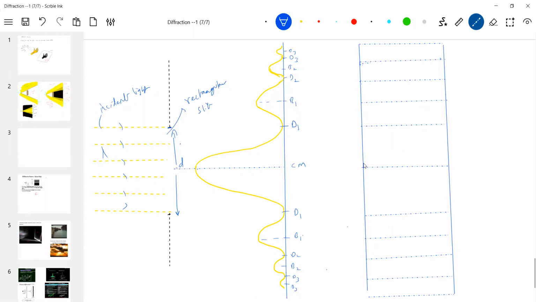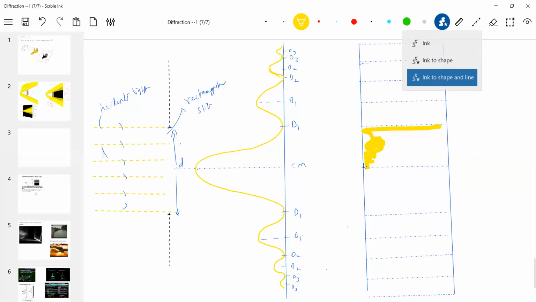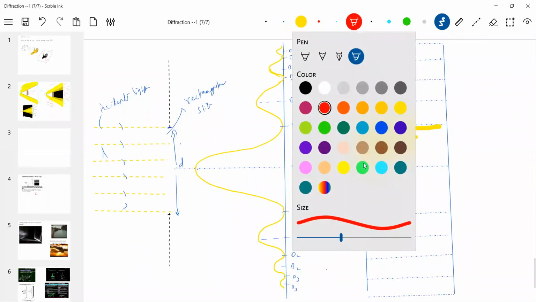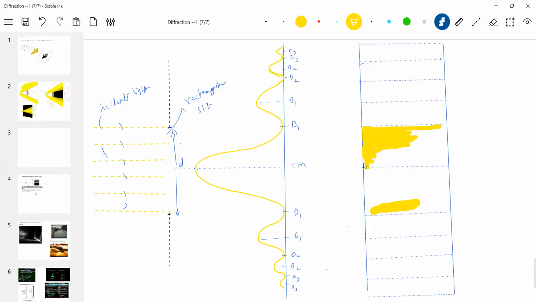Now this is called the central maxima. This is not up to the mark, so I'm just showing a rough pattern.